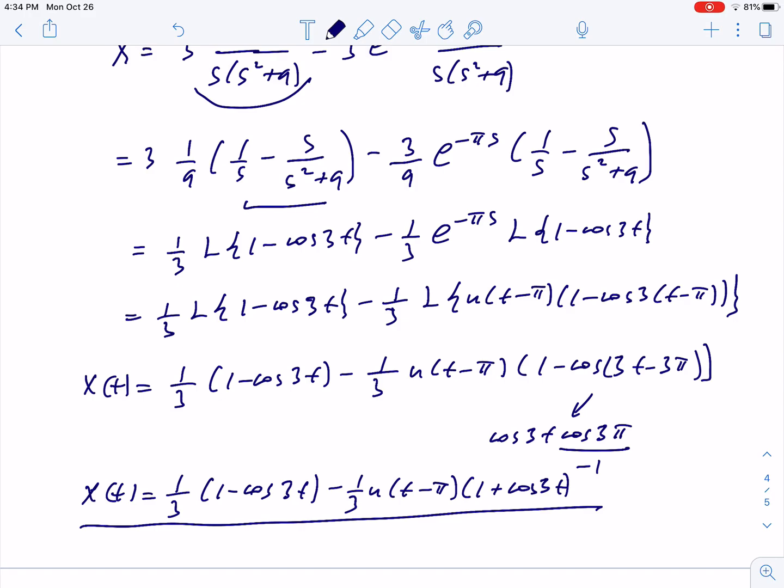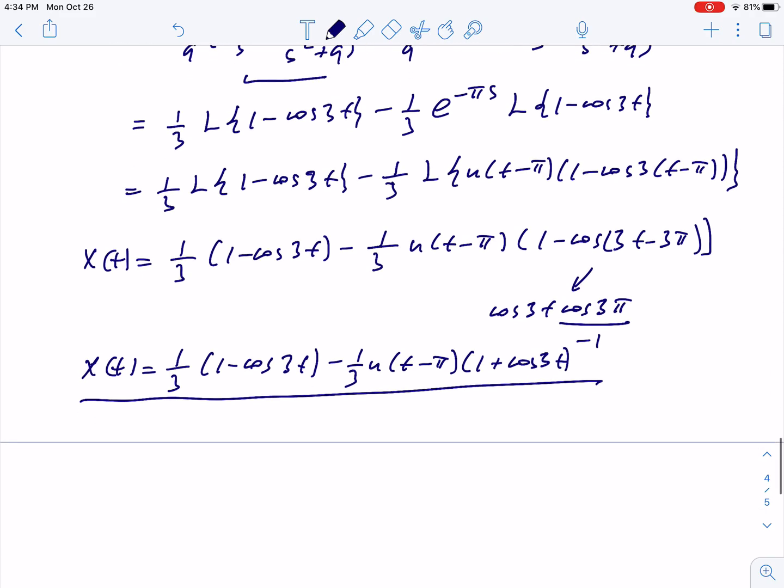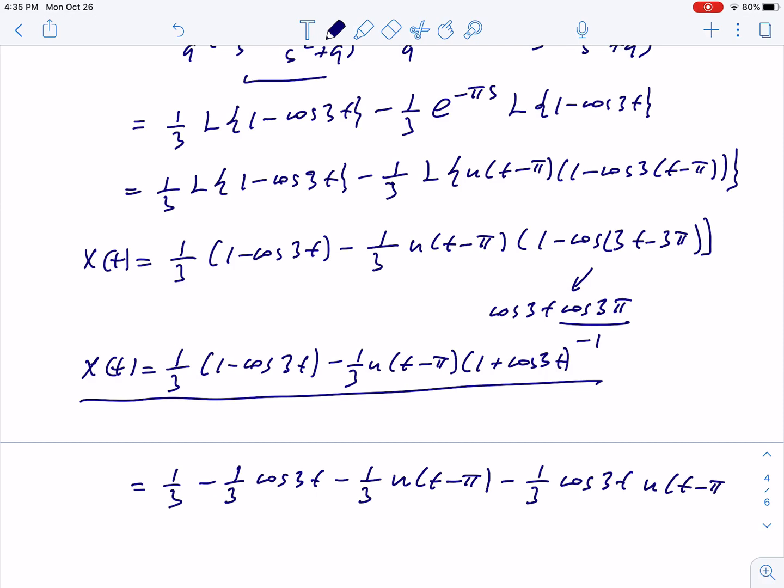It can be simplified a little bit, removing parentheses, regrouping. So let me show you. This will be 1/3 minus 1/3 cosine 3t minus 1/3 u(t minus pi) and minus 1/3 cosine 3t times u(t minus pi).